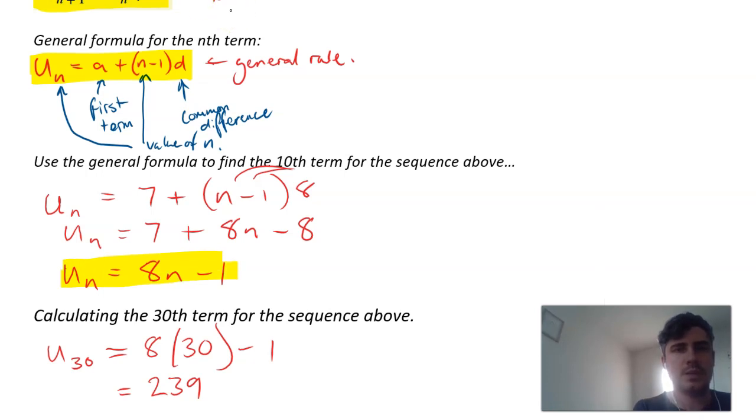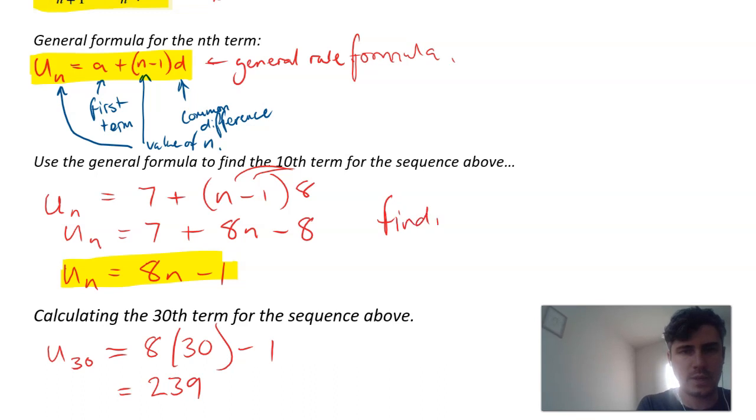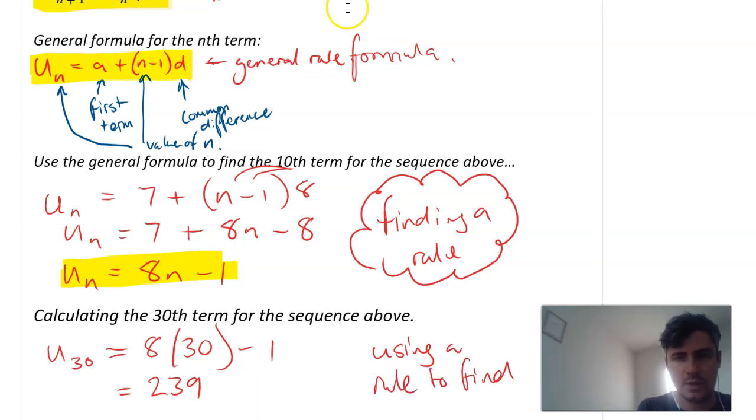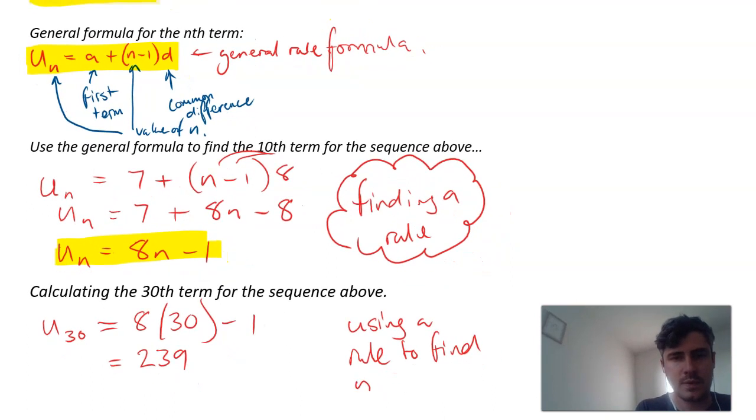So this is the general rule formula. This is finding a rule, and down here is using a rule to find the nth term.